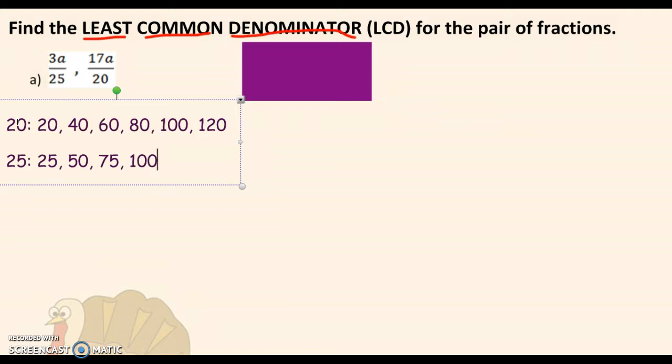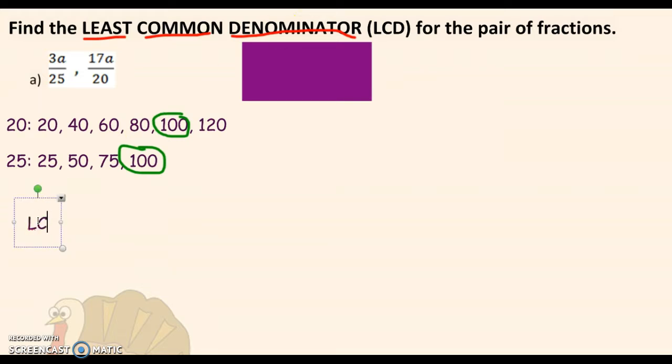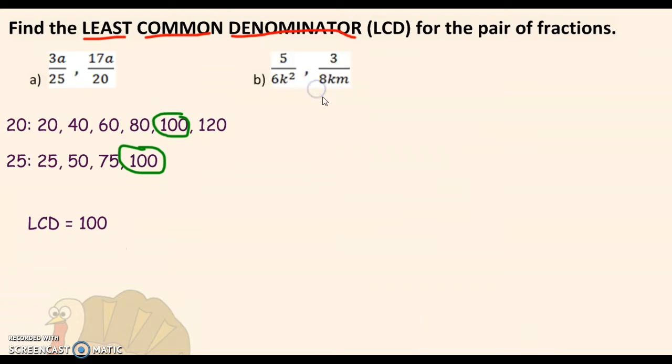That's 100 pennies. And we can pause right there because we can look and find that common multiple. So they both are multiples of 100. 100 is the multiple of both of each of those numbers, 25 and 20. So our LCD is 100. That would be the number that we'd want to get on the denominator for both of those.